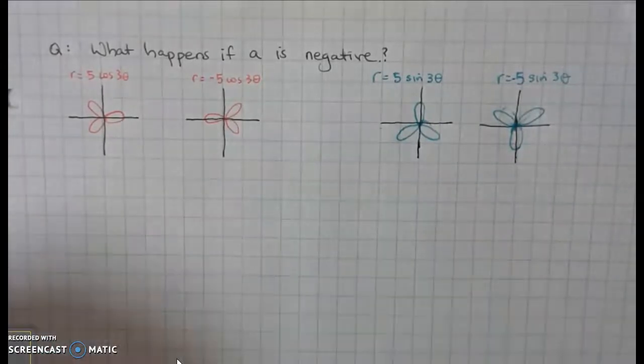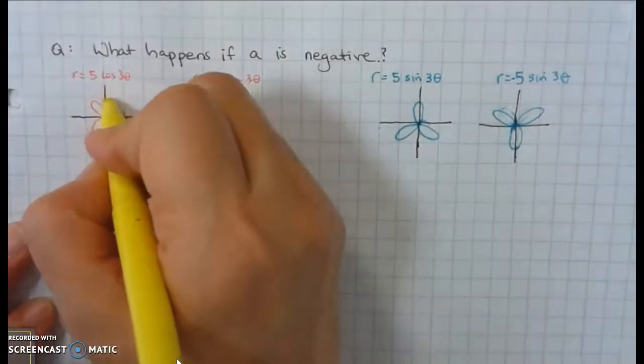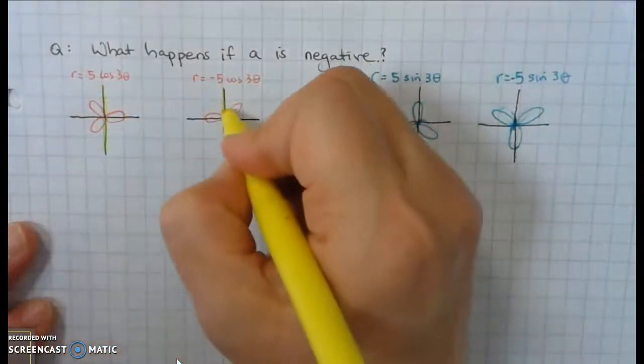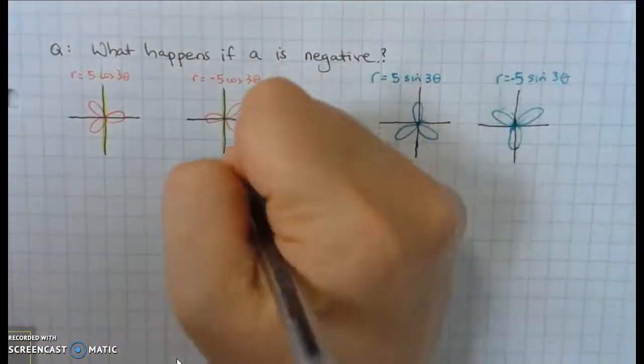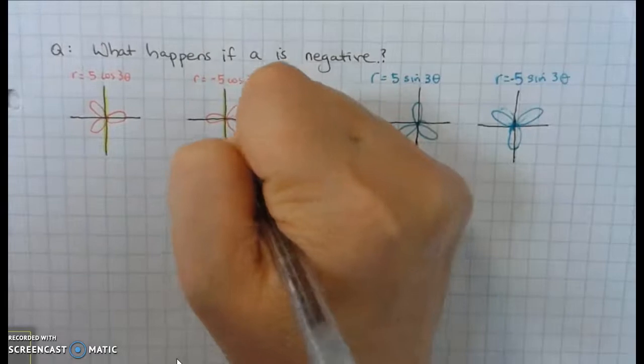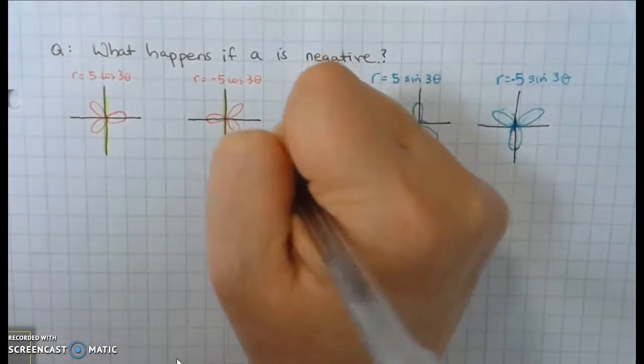What does it look like? It's as if I've just reflected this over this line here. What is that line? That line here is what we will call the line theta is equal to pi over 2.